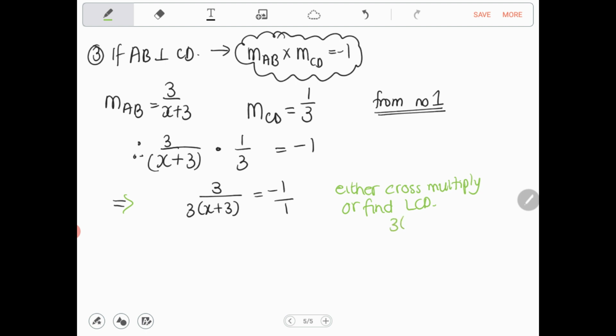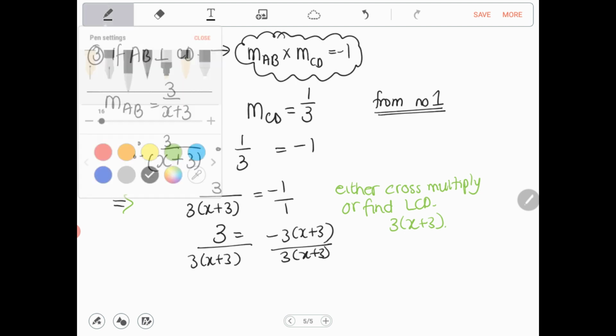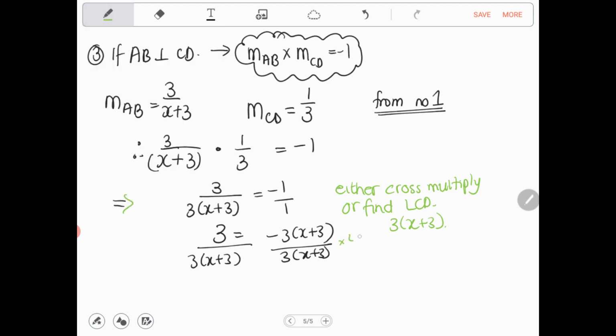Okay, so your LCD would be 3x plus 3. Okay, so if you did that, you'd have 3 is equal to, or if you cross multiplied, you would get straight away to this. 3 is equal to -3x plus 9.